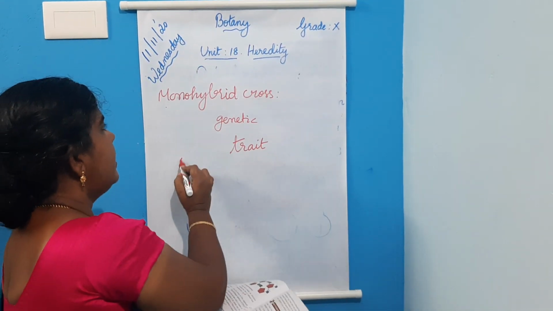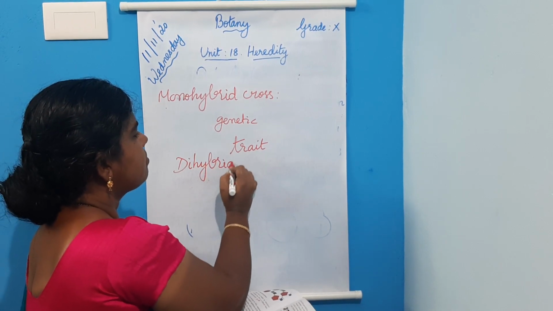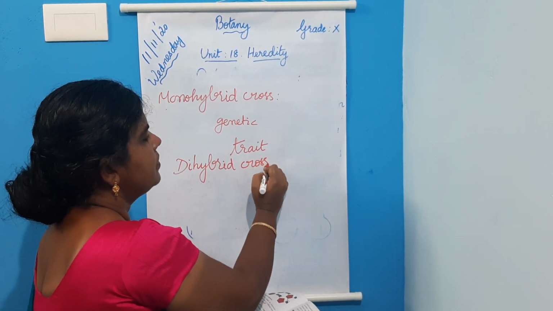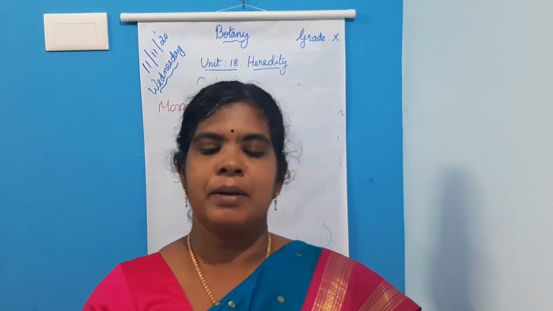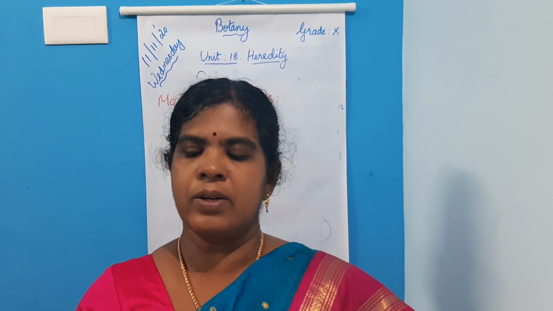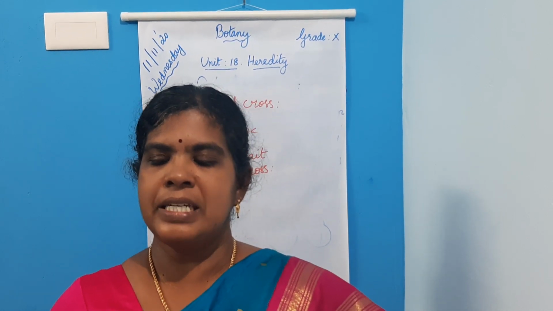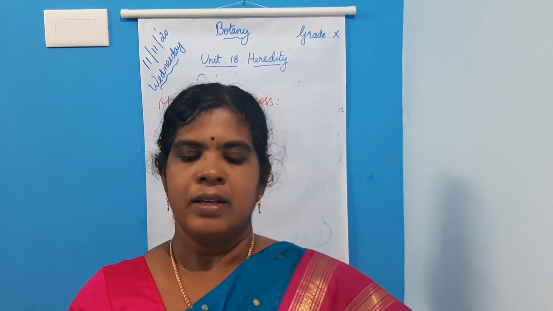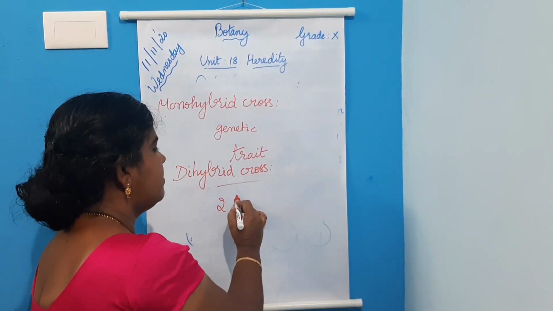Next heading, dihybrid cross. First point, dihybrid cross is a genetic cross that involves two pairs of genes which are responsible for two traits.